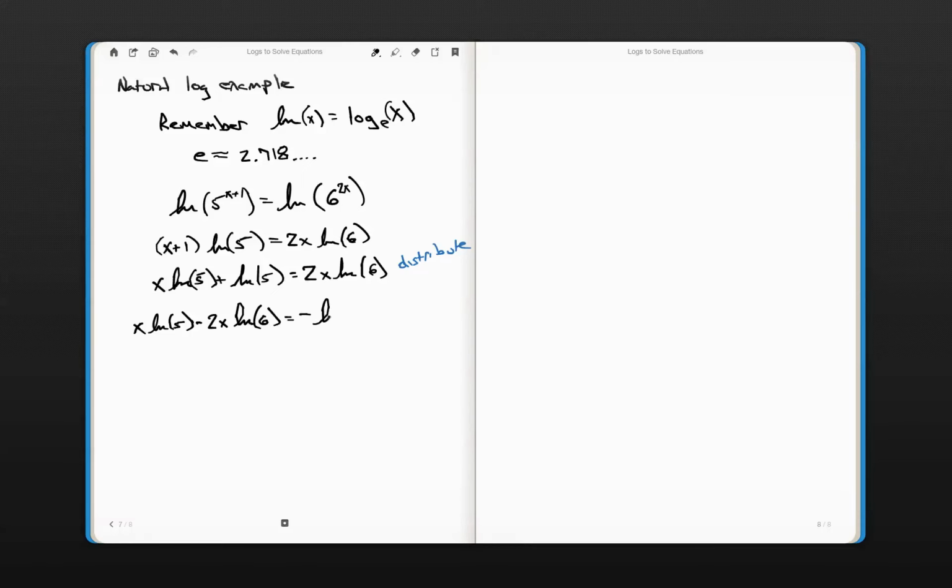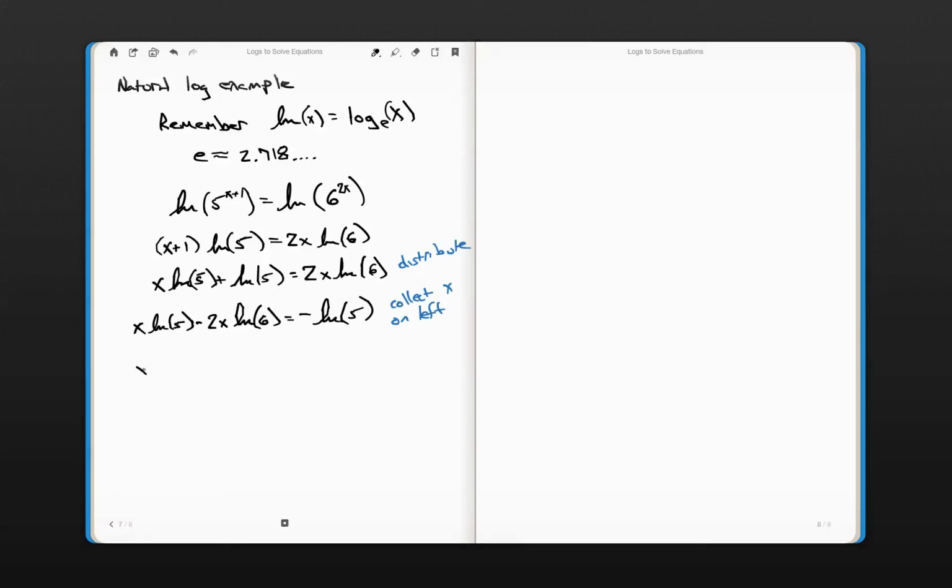I'm going to subtract it to the other side, negative natural log of 5. So I'm going to collect x's on the left. I subtracted this over, subtracted that over, so all my x terms are now on one side.